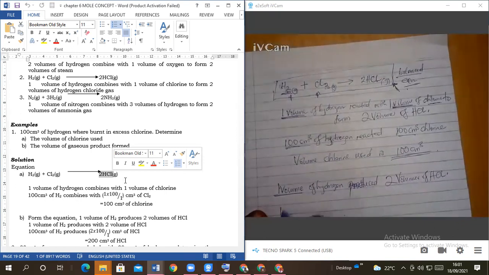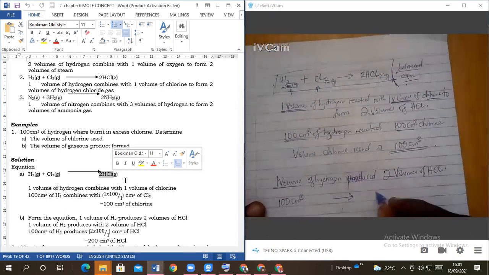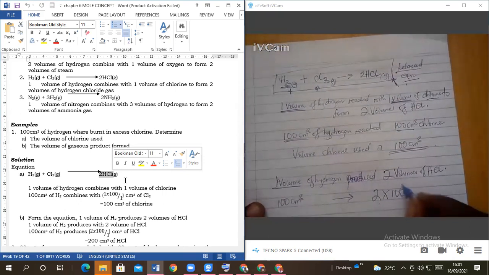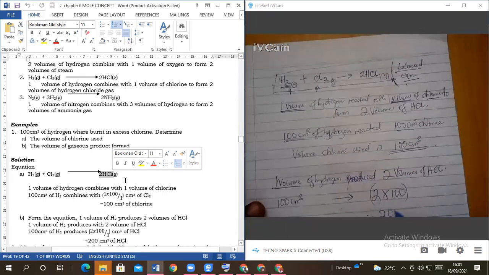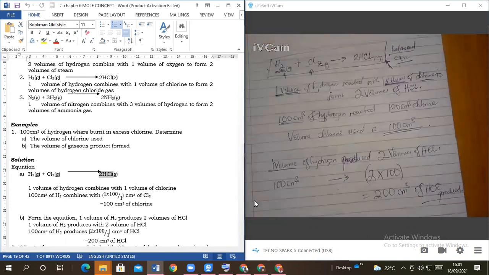If this volume is 100 cubic centimeters, what was the volume of the gaseous product formed? It is 2 times 100, which is 200 cubic centimeters of hydrogen chloride produced. You are not considering masses, you are only considering the volumes.